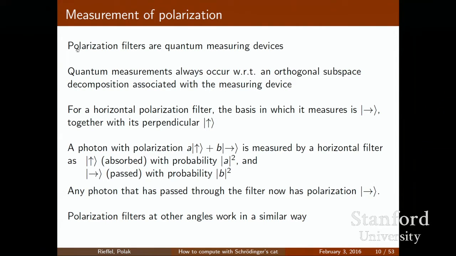And a photon with polarization A vertical, B horizontal, will get absorbed with probability the magnitude of A squared, and will get passed through with the probability magnitude of B squared. And any photon that passes through the filter now has the polarization of that filter. Those are the key properties.